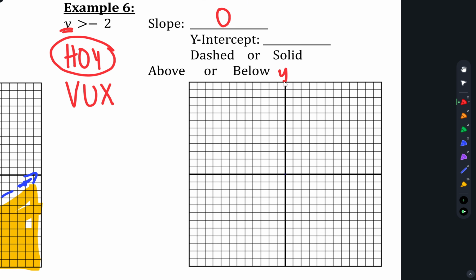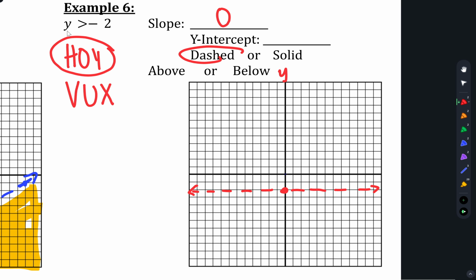So I'm looking at my y-axis. Here's where y is -2. We're going to draw a horizontal line. Is that horizontal line going to be dashed or solid? It's going to be dashed, because this does not have an equal sign on it. If it has an equal sign, that's when it's solid.